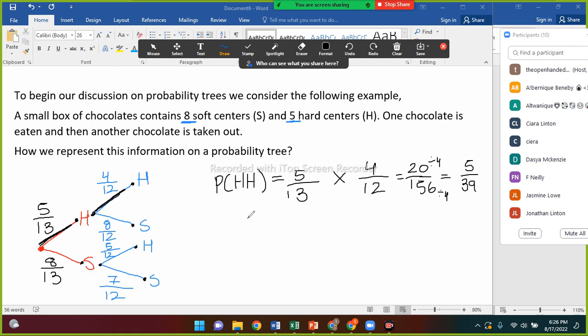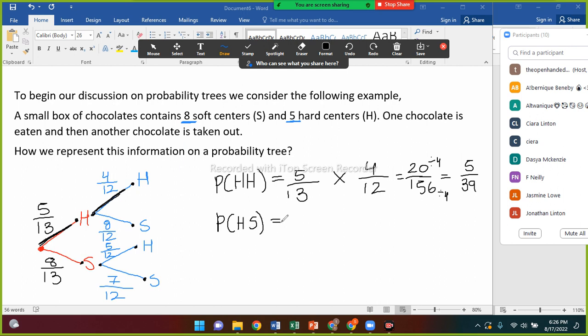What if we get both? Like, if we have a hard center and a soft center. Good, very good. So let's say I want the probability that I get a hard-centered first and then a soft-centered second.